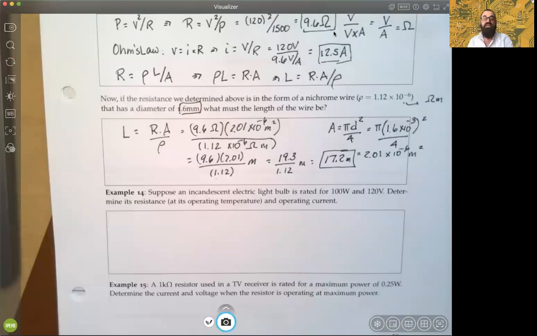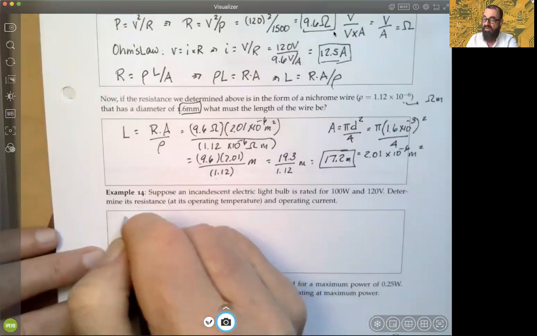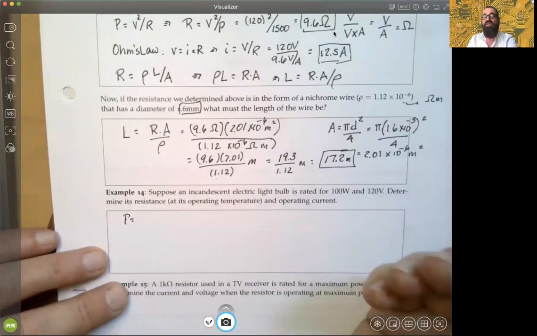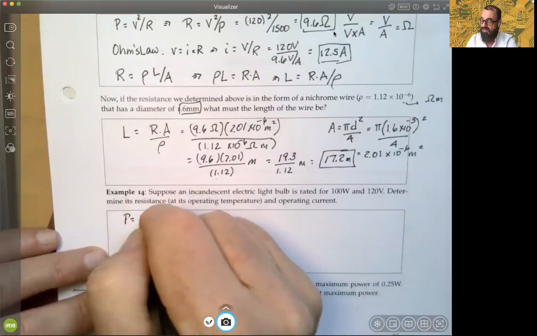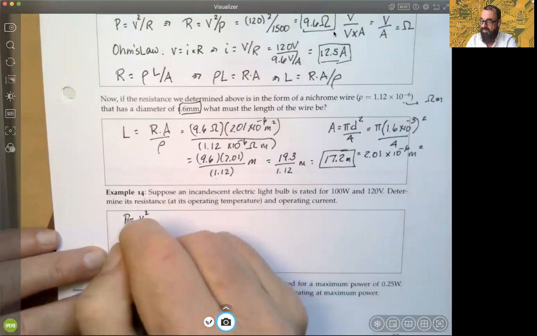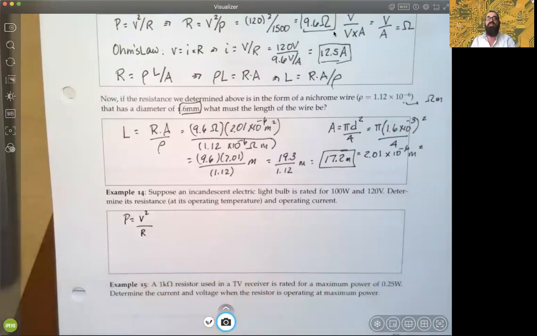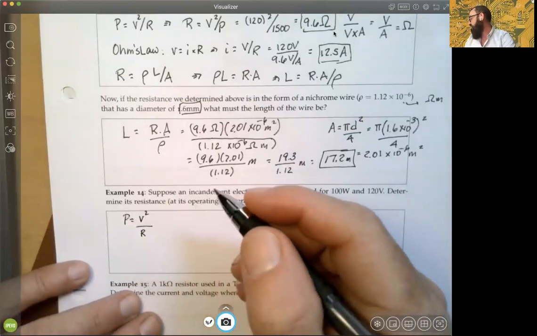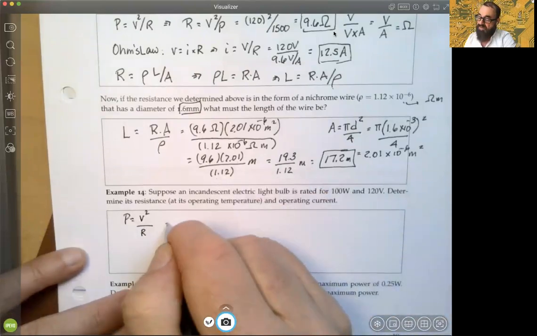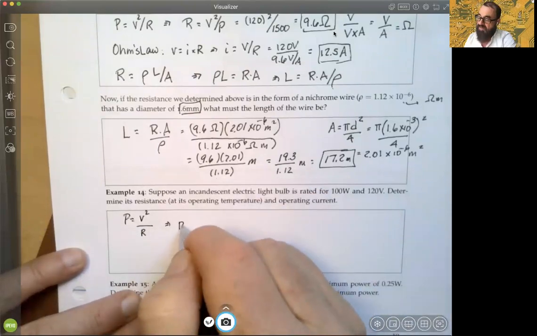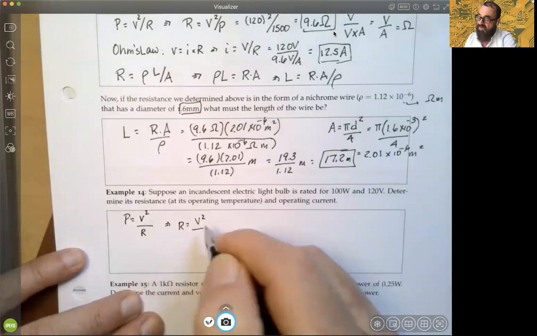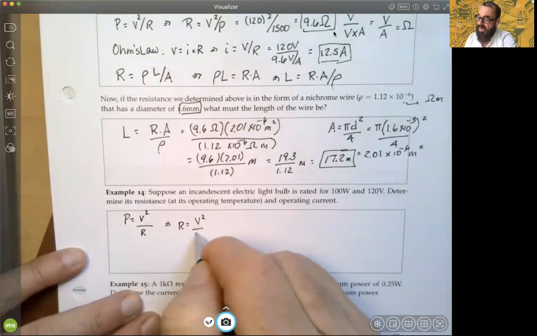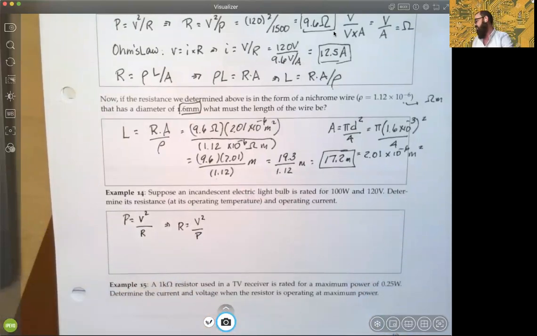So again, we are given voltage and watts. So a good formula to start with for power is what? V squared over R. So it's just another example that you don't have to go to voltage times current, okay? In this case, we can, again, solve for the resistance like we did above. That is, again, just voltage squared over power because we were given a power rating.